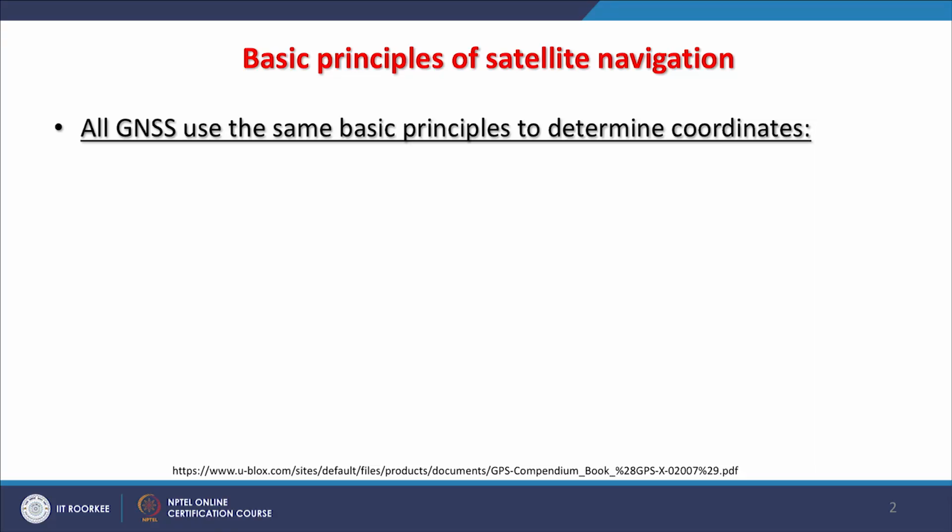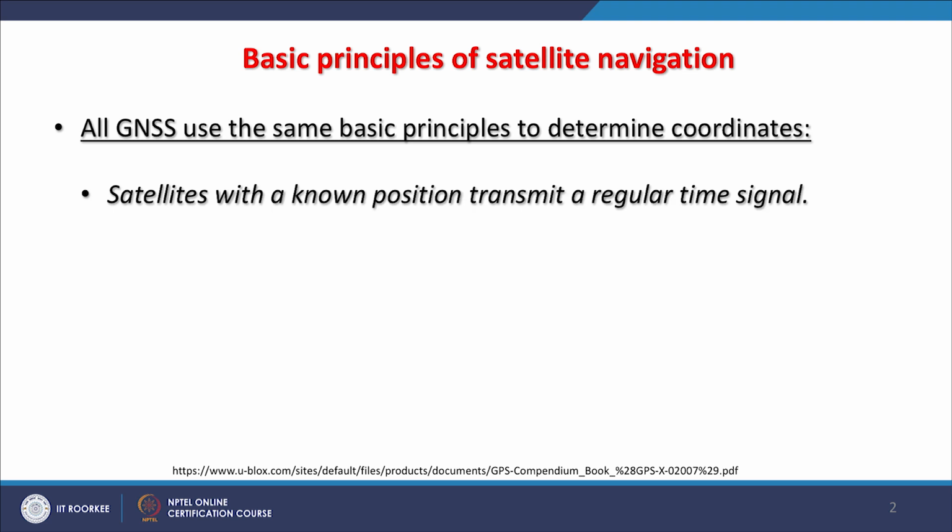And in this one and a few future lectures, we will be discussing in detail how position is determined by these navigation systems. The basic principle used by all these navigation systems is the same: the satellites transmit a signal at a regular interval, maybe every second.